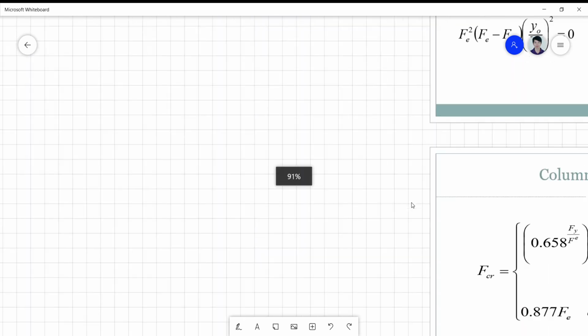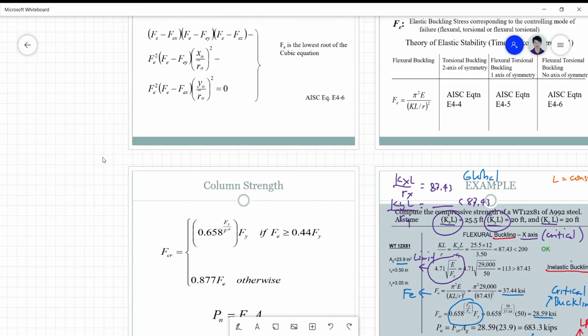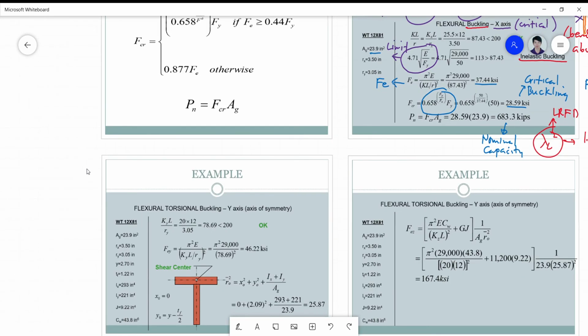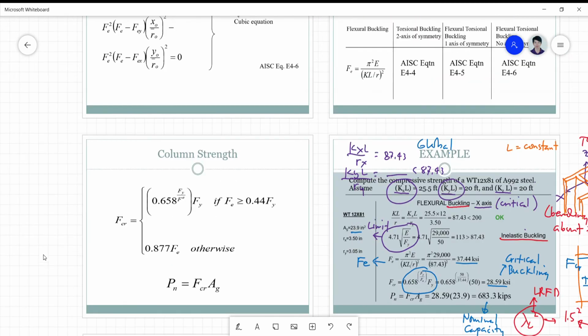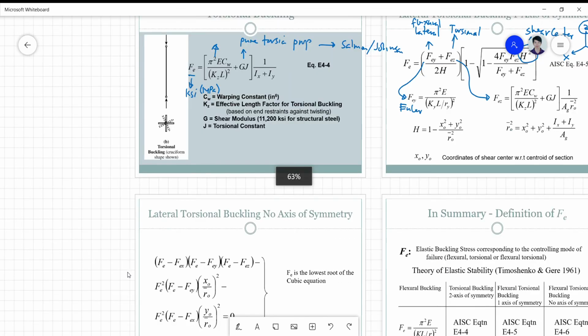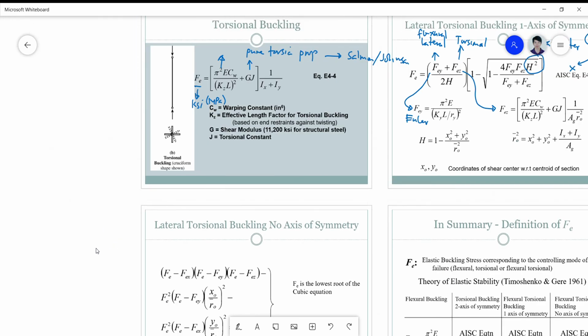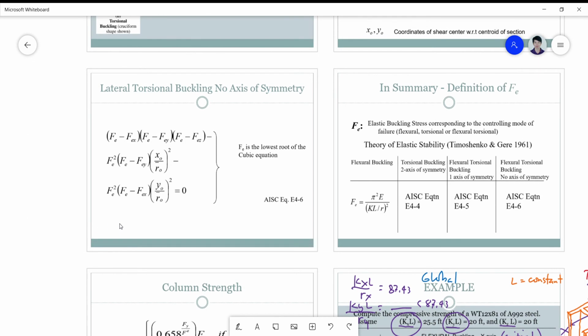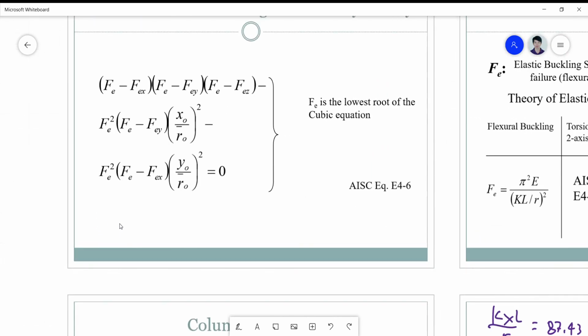And to make it worse in terms of the formula, okay, so for a zero axis of symmetry, the solution becomes a little bit indeterminate in the sense that the solution will evolve on the analysis and the simplification of a cubic equation in this form. Okay, so it cannot be solved directly in terms of an explicit formula.